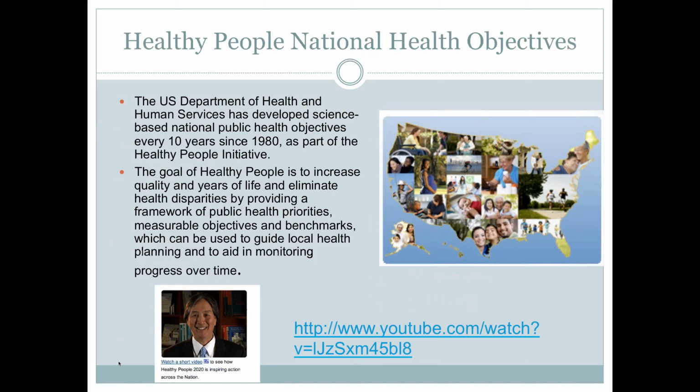There's information on the website about the Healthy People Initiative, which gives national public health objectives and benchmarks that can be used by local health departments to help them with planning and to monitor their progress on the objectives over a 10-year period. And then there is a link for a YouTube video from Dr. Coe on Healthy People 2020.